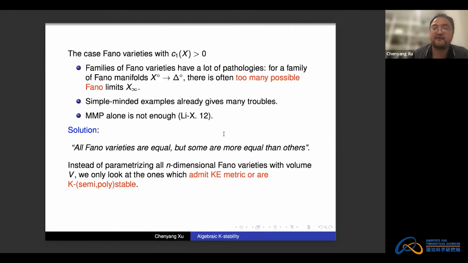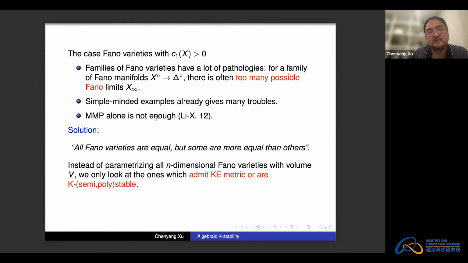For instance, you can put a Fano condition, that's not enough. You can even put a smooth Fano condition, that's still not enough. And smooth Fano is the best you can expect just through the minimal model program theory. So basically, that says the minimal model program itself is not enough.